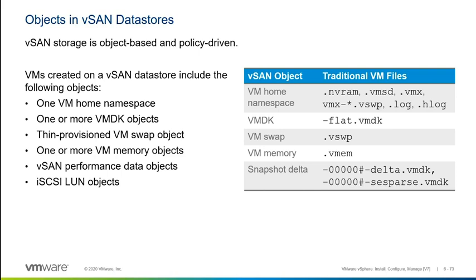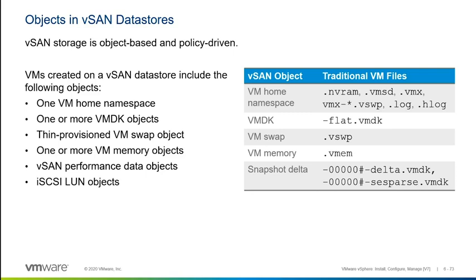So these are all the home namespace objects. We also have virtual disk objects or VMDK objects. Think of this as your traditional flat VMDK, very large files. By default in a vSAN data store, all of our virtual disks are thin provisioned.